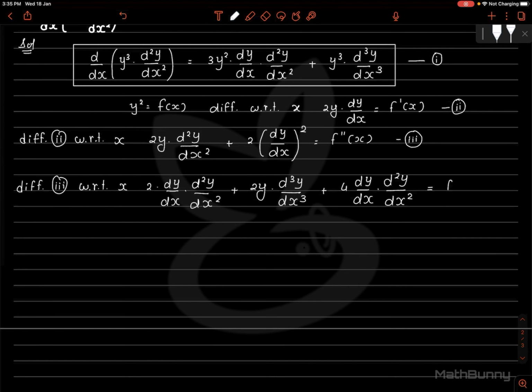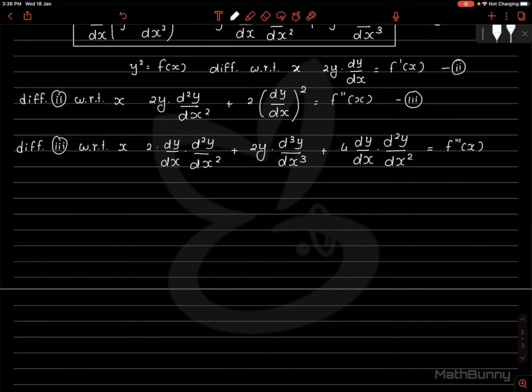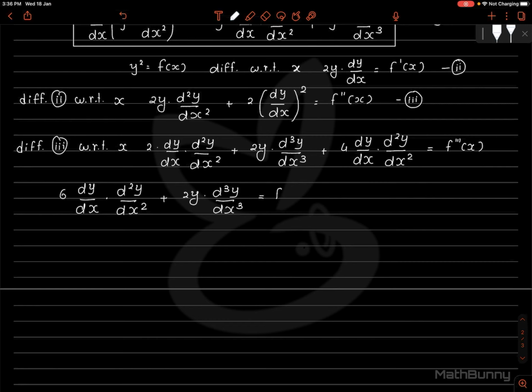This would be equal to f triple dash of x. Here these two terms are similar. We can add them. It would be 6 into dy by dx into d square y upon dx square plus 2y into d cube y upon dx cube, and this would be equal to f triple dash of x.